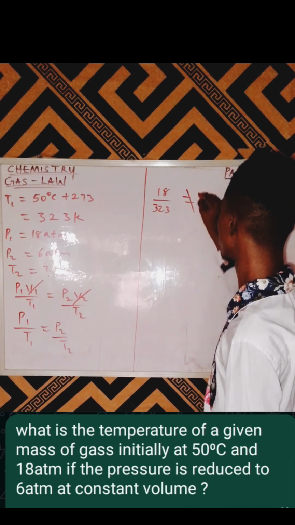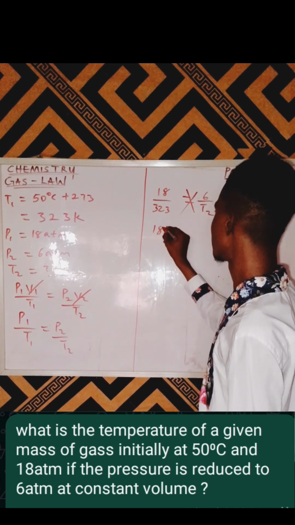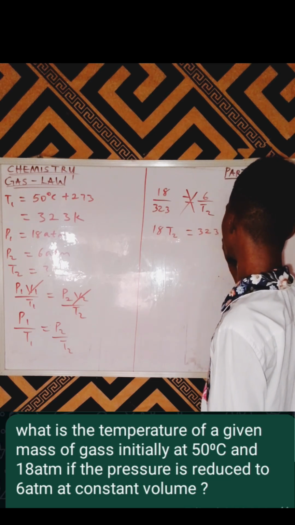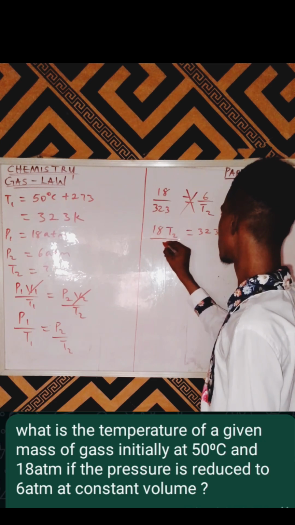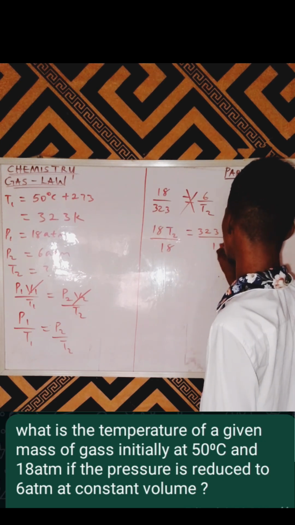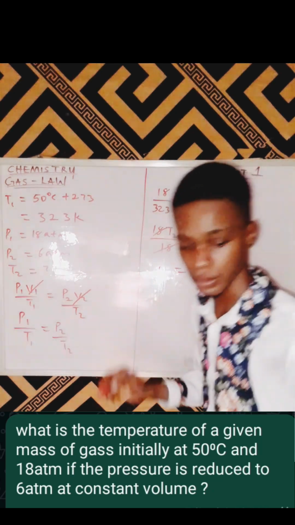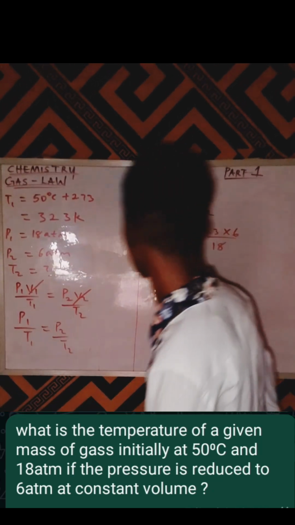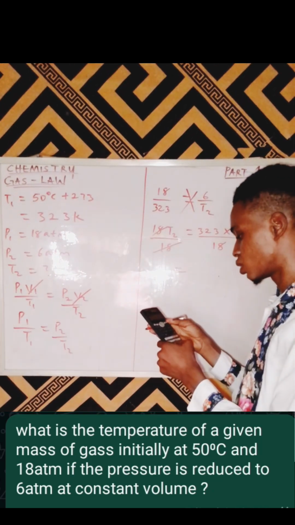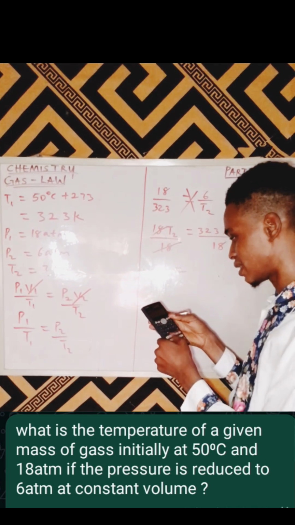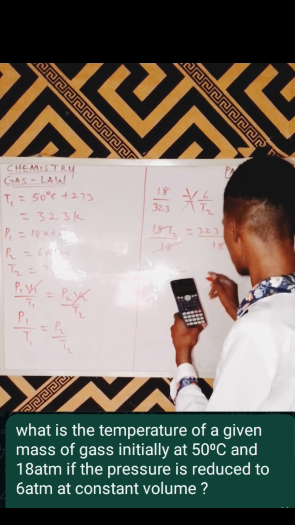If I decide to cross multiply, I'm going to have 18 T2 is equal to 323 times 6. Divide both sides by 18. I'm going to have T2 is equal to, now let me use my calculator to get that. So I'm going to have 323 times 6 divided by 18. That's going to be what?